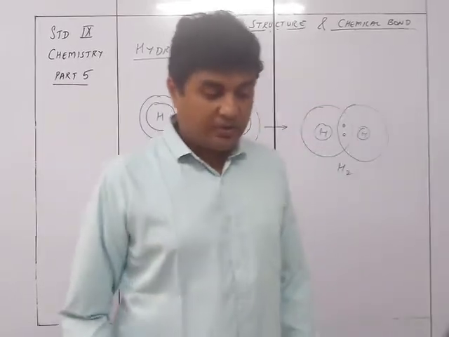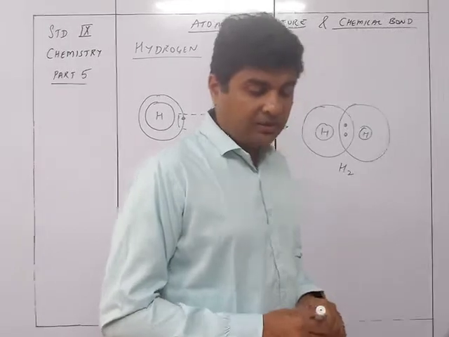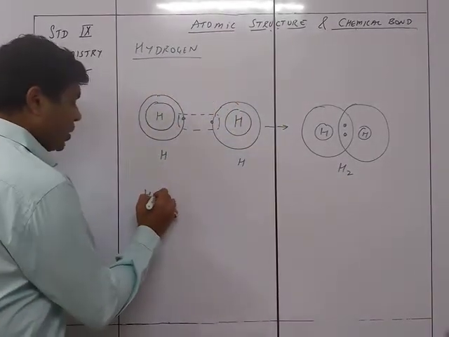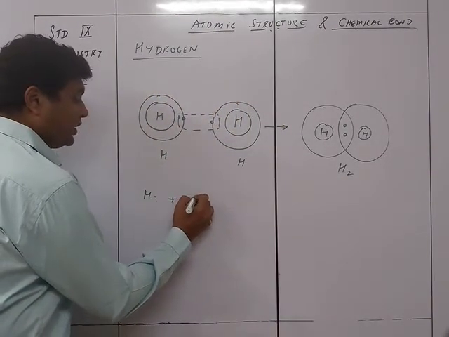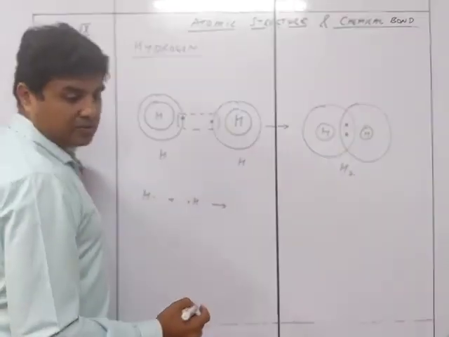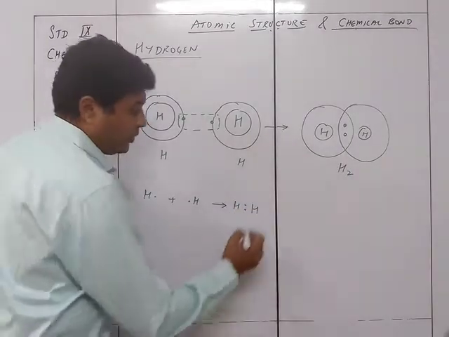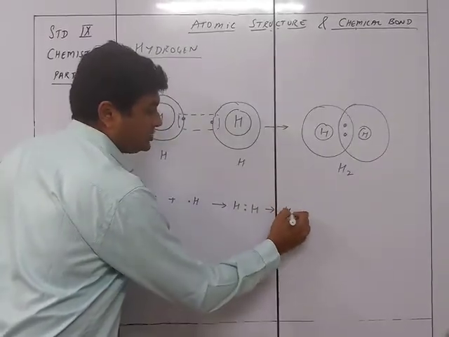It will be H dot plus dot H, giving you after the reaction H, dots, H, or we can say it is H2.